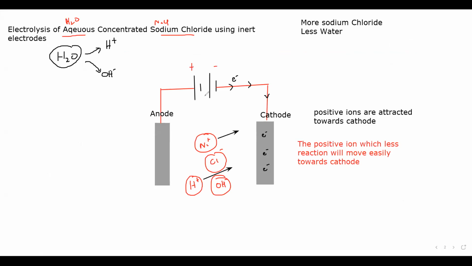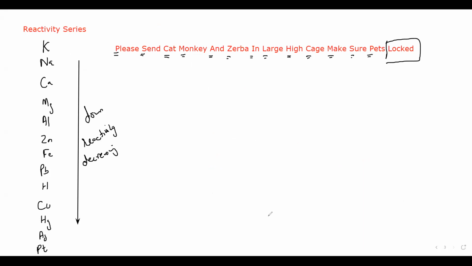Now, as we return back to the main topic, which is about electrolysis of aqueous concentrated sodium chloride. As electrons move from the negative terminal of the battery towards the cathode, both positive ions are attracted, but the positive ion which is less reactive will move easily towards the cathode. So which positive ion is less reactive, sodium or hydrogen?